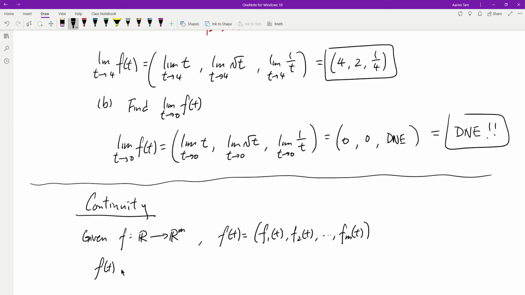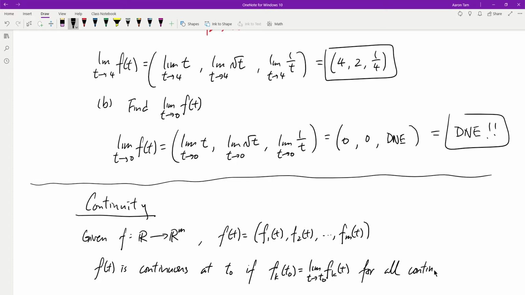F of t is continuous at a point t sub 0 if this is true: if f sub k at t sub 0 is always equal to the limit as t approaches t sub 0 of f sub k of t, for all coordinate functions f sub k of t.